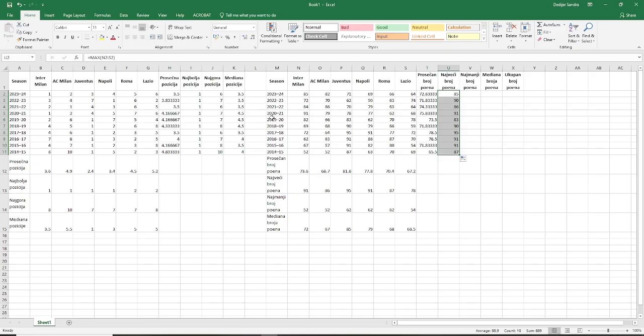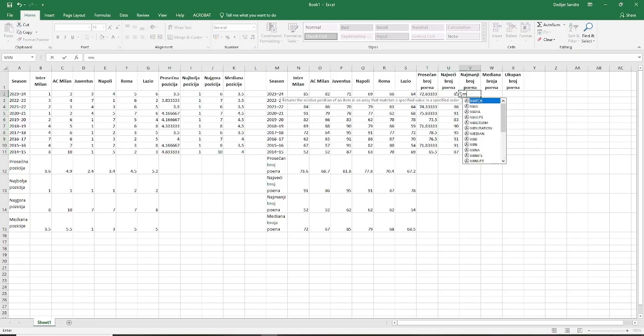The minimum number of points in 2023-24 season is calculated using the formula min, also from N2 to S2.